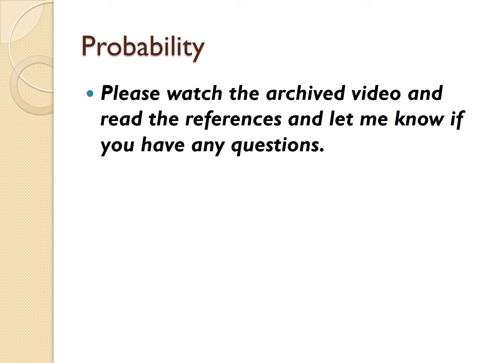Probability is a very important concept in statistics. Please watch the archived video and read the references and let me know if you have any questions. I did not include anything about probability in this overview, so I don't overwhelm you with too many videos.